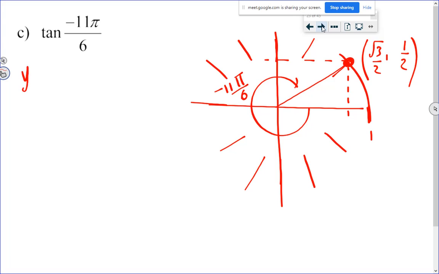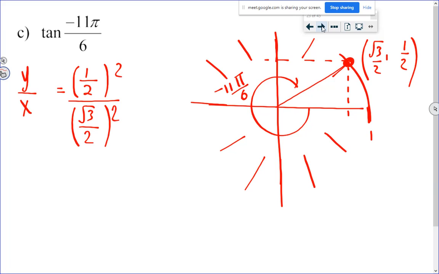Tangent is y over x. So I have to take the y coordinate over the x coordinate. And I'm going to simplify that by multiplying the top and the bottom by 2.